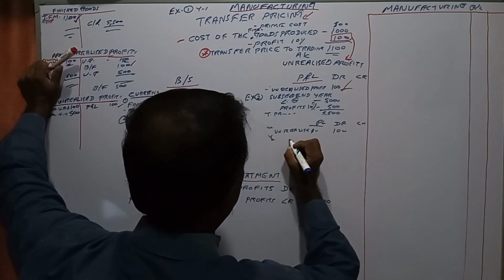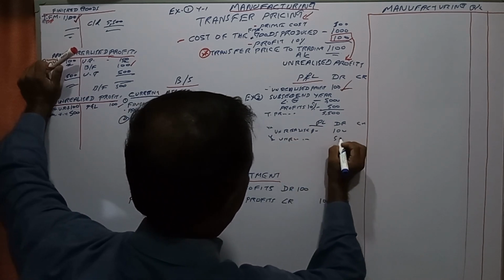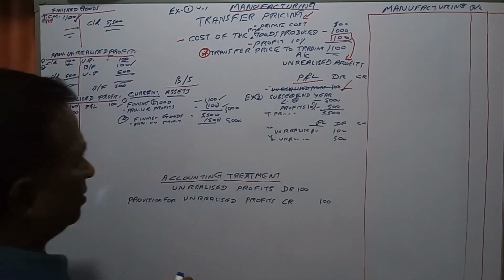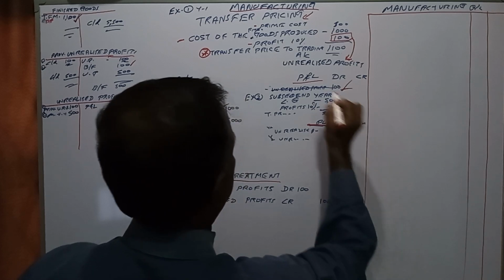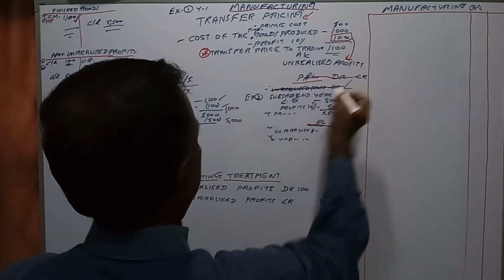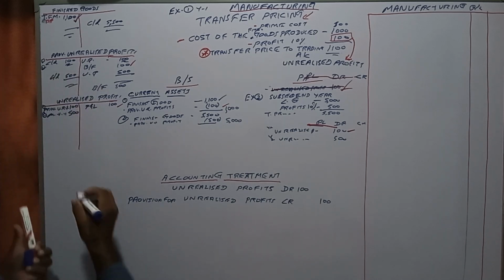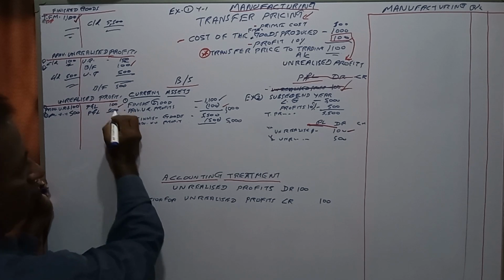In year 2 unrealized profits are 500, because here you will transfer to P&L 500.